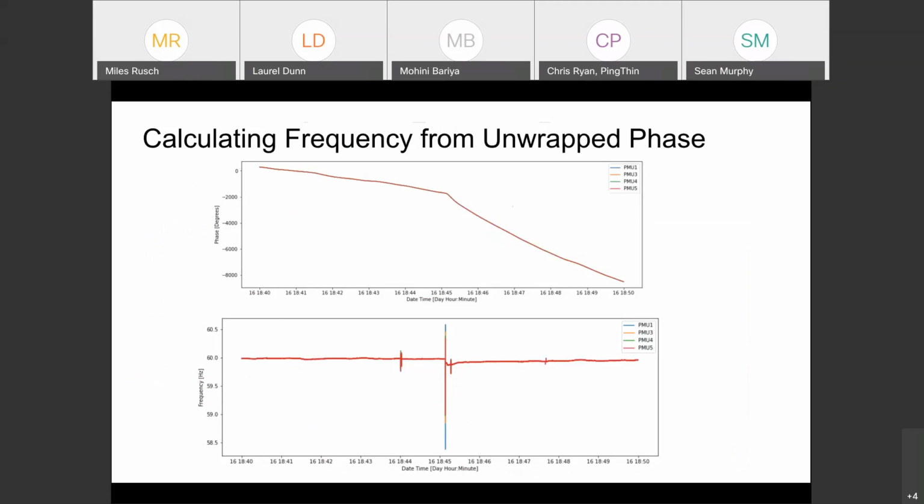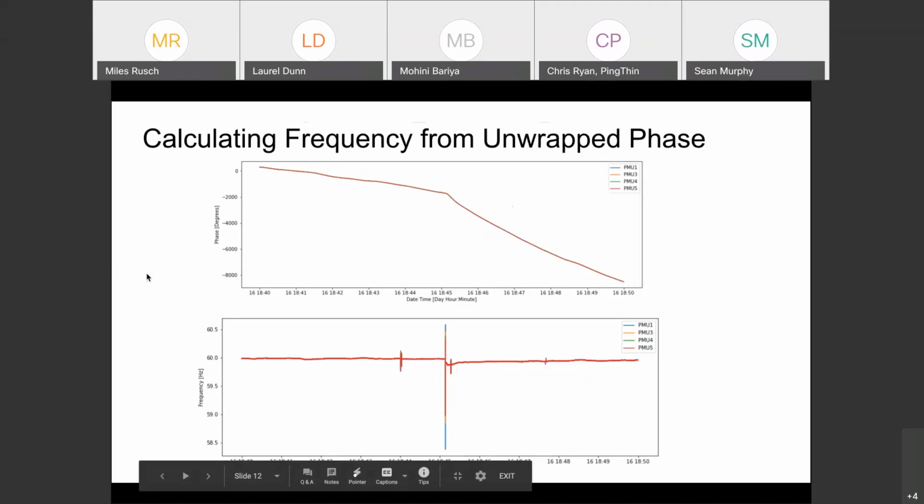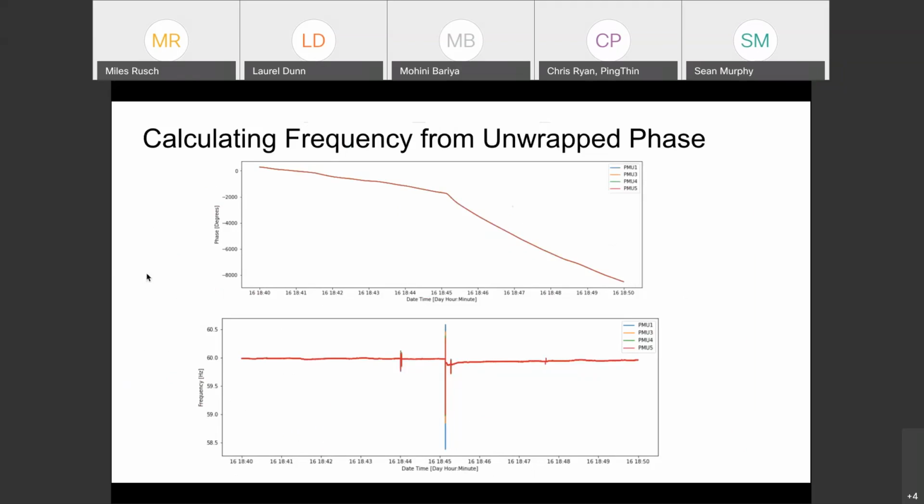And then I've unwrapped the phase so that we see this continuous phase evolving. And then now we can take a derivative and we get this graph of frequency.